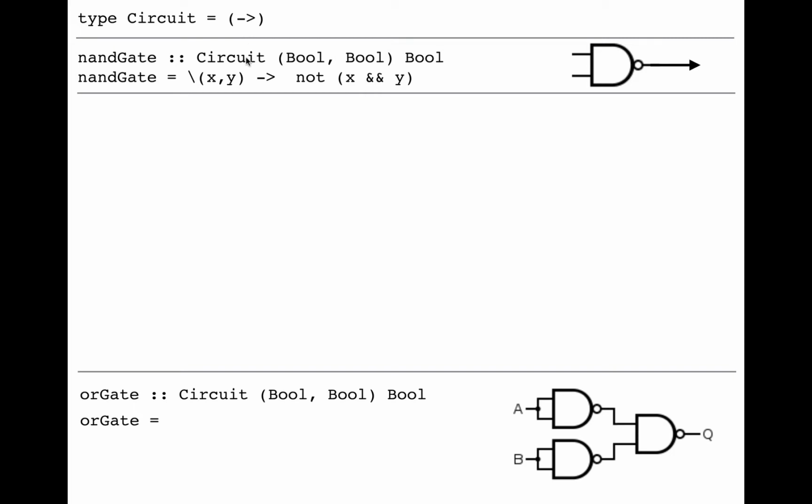So if you have a Java background, then you can imagine that this circuit is an object that has just one method called apply, and that method has this as an input, so it takes two booleans and it outputs a boolean. So basically in the Java world this negative AND gate would be just a class.